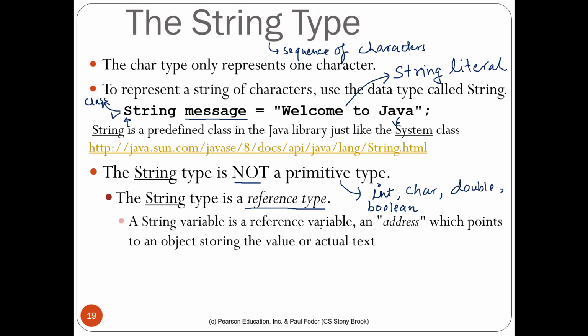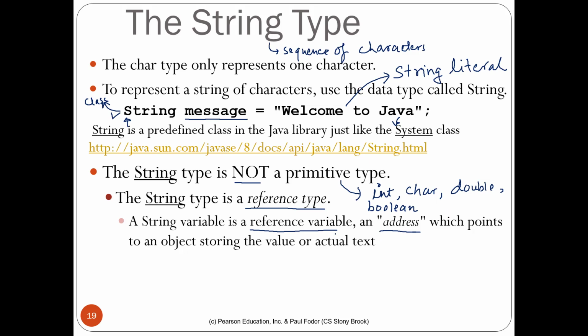So reference variables hold addresses. They do not hold the actual value, whereas in primitive data types like integer, character and double, we store the original value of that variable. Okay, that is a difference which you should keep in mind for the time being.